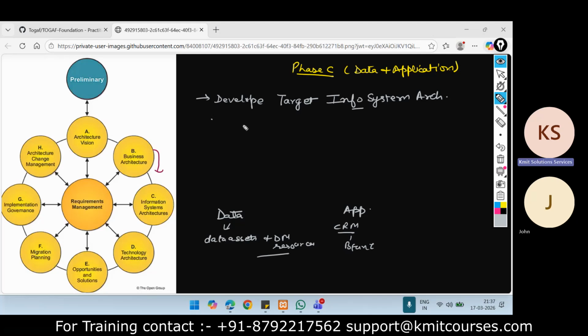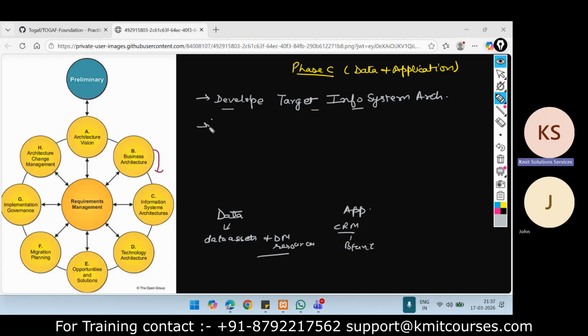You need to describe the services, systems, and data flow which support the business architecture. So that target information system architecture you need to develop.